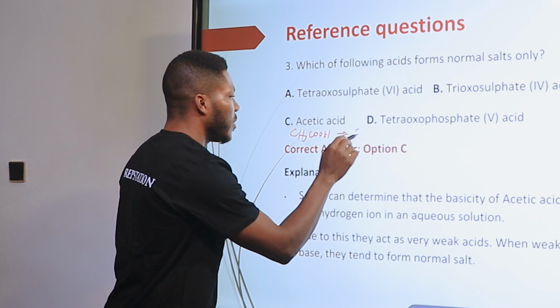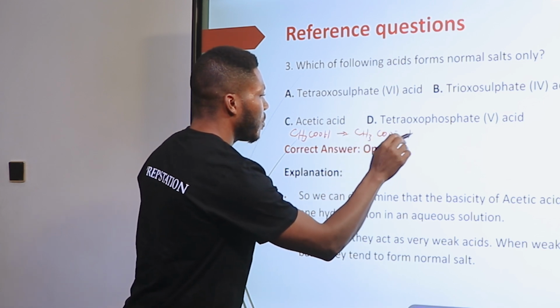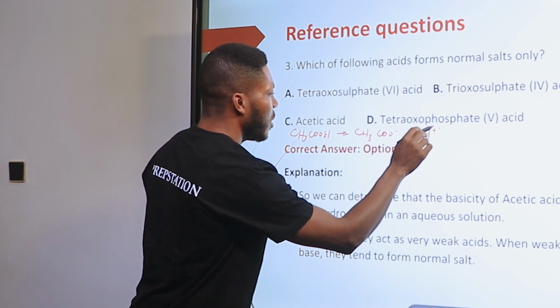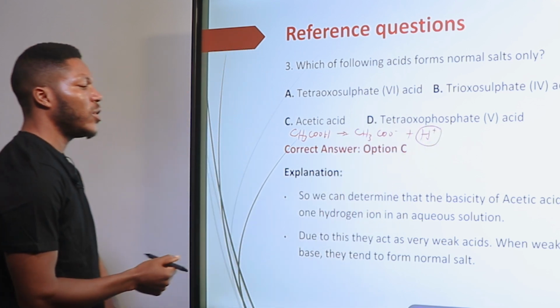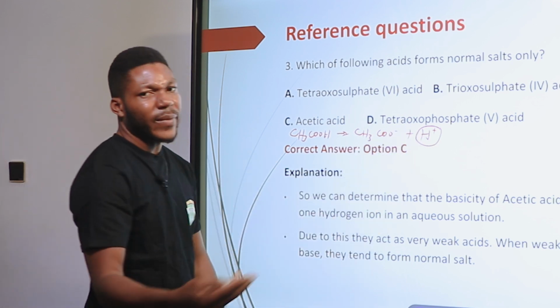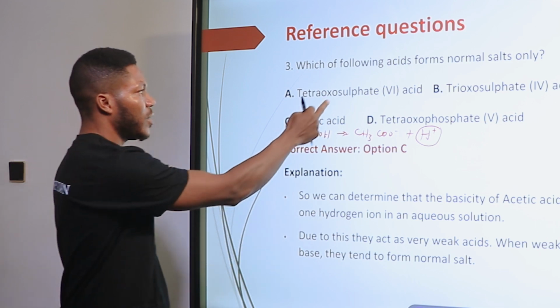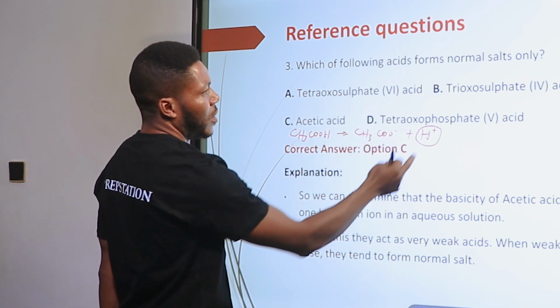That will give us CH3COO- plus H+. So this is only one atom of hydrogen involved. So normally, it's easier for this acid to be neutralized by the base and give us a normal salt.